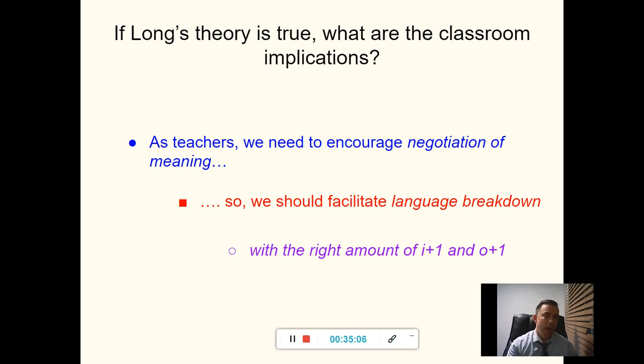And I should add, this works best when you have a pair of students where one is higher proficiency, right? Because you need someone to challenge them. You can do it with other students who are about the same, as long as they are engaged in the right kind of conversation.